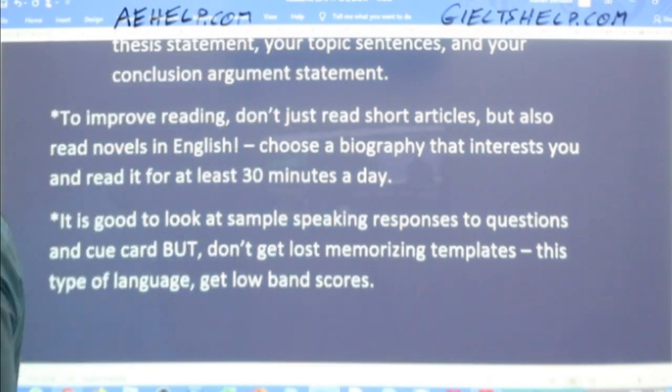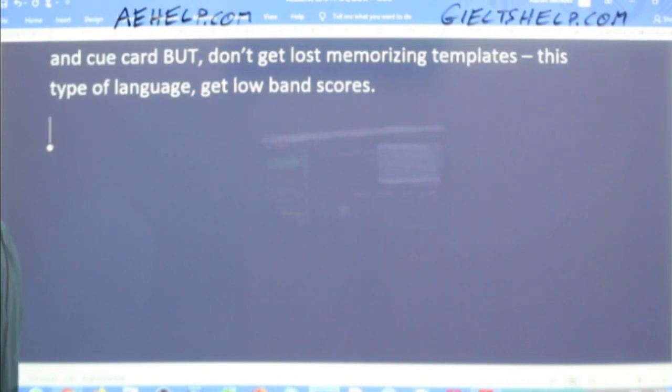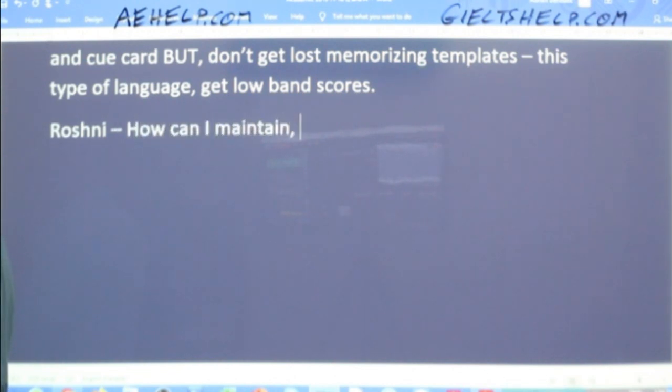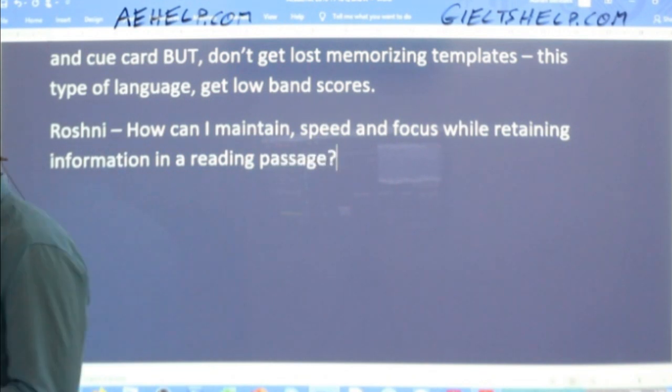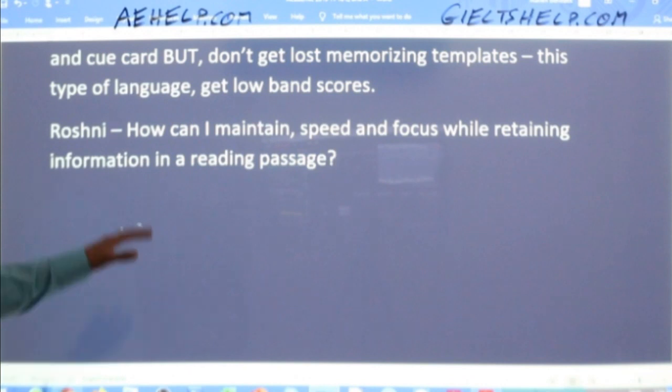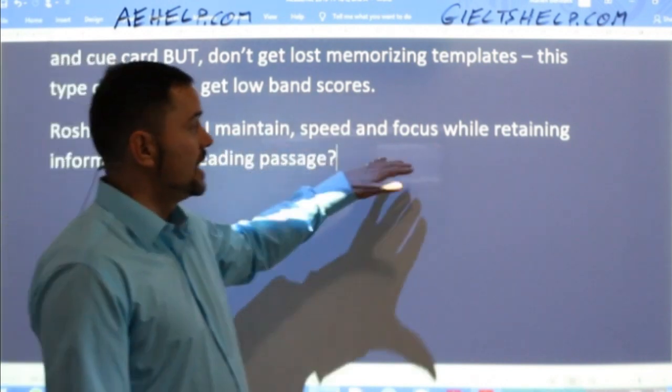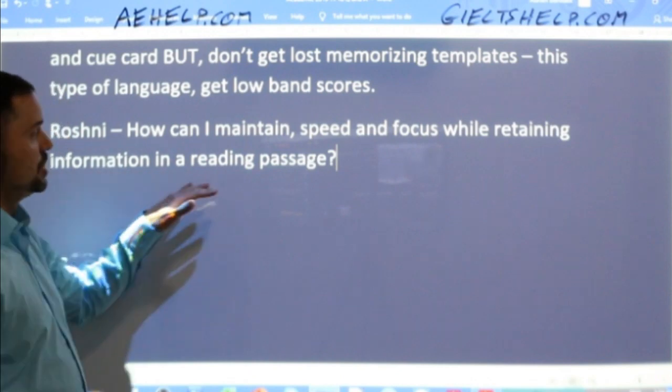So I think, Roshni, one way to rephrase what you're asking is, how can I maintain speed and focus while retaining information in a reading passage? I think that's a question that a lot of students ask, Roshni. So how can I keep the same speed and focus, not feel rushed, while retaining information in the reading passage?